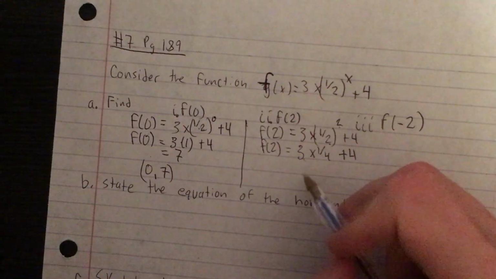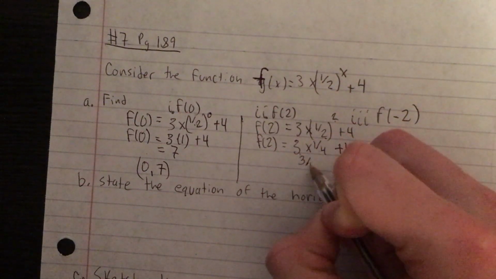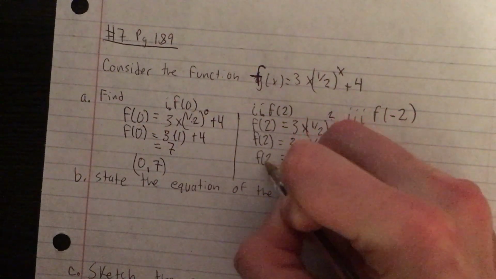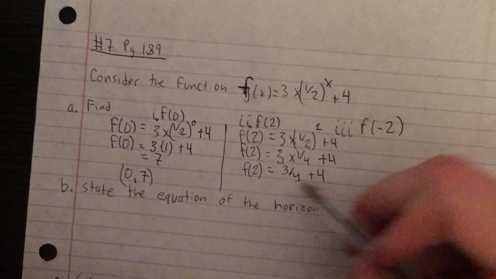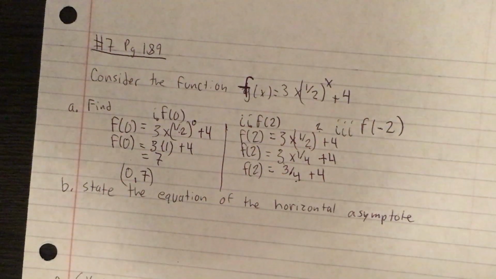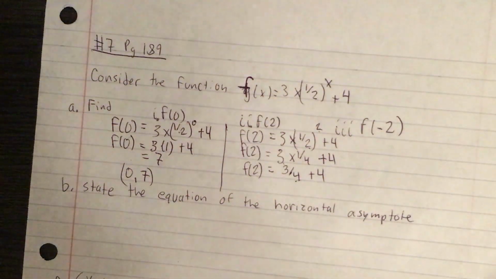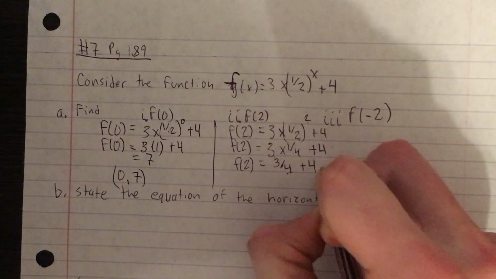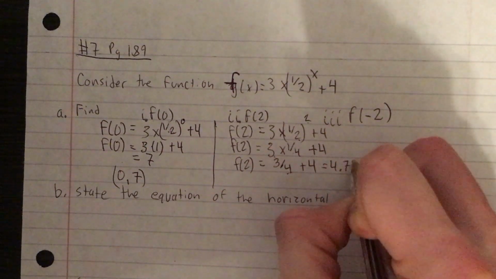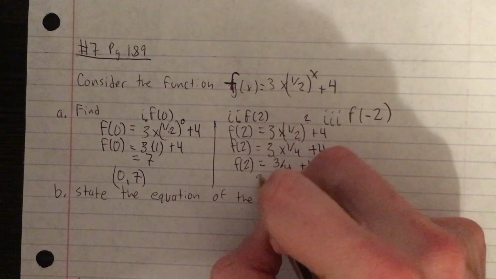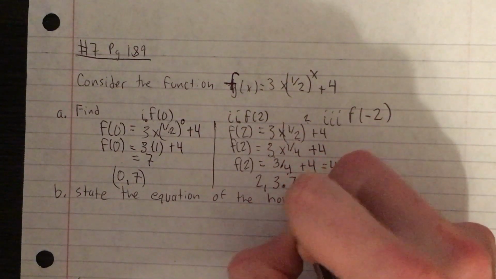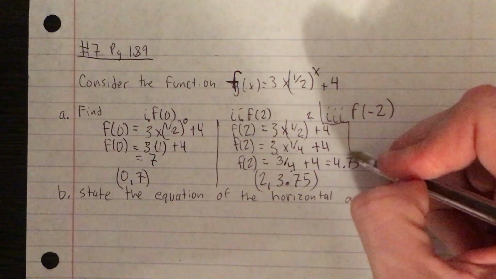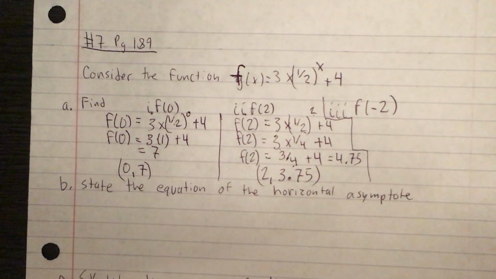So 3 times 1/4 is 3/4 plus 4 equals f of 2. For those of y'all who are like, I need a calculator for this, don't you dare. 3/4, think to yourself how much 3/4 is. So that's going to be 4.75. And then our coordinate here is going to be (2, 3.75).